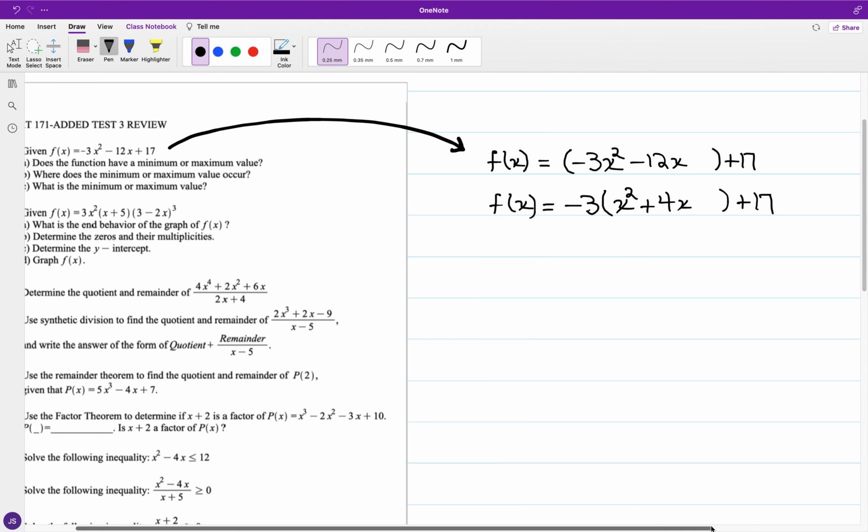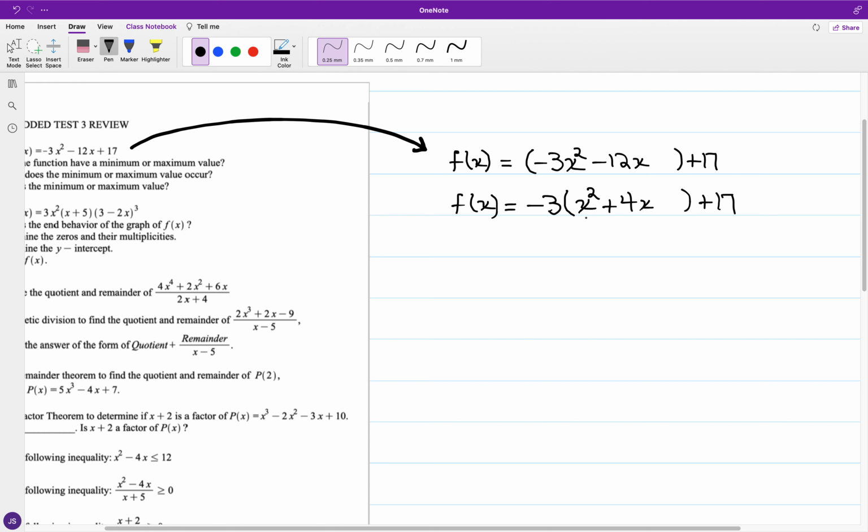Looking at what we have now, I have x squared plus 4x, and the first term in the parentheses is now x squared. For setting up the completion of the square, I take the coefficient next to the first order variable x.